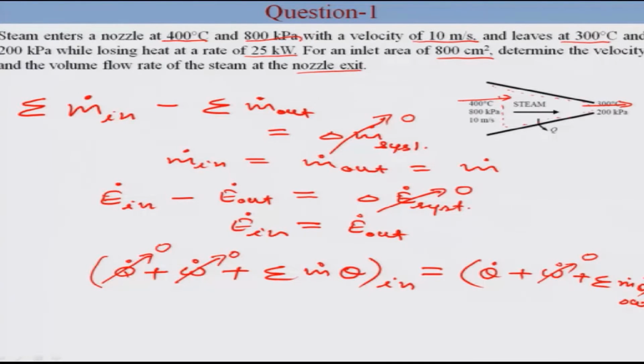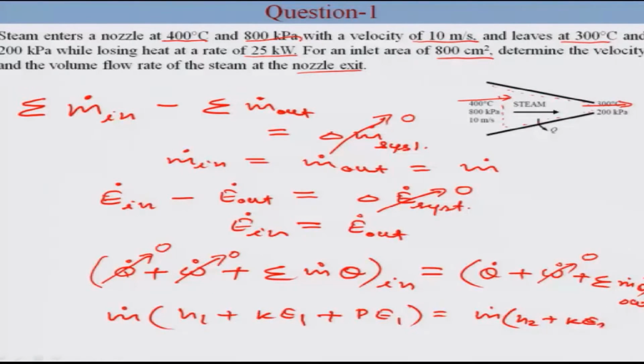So from here we get mass flow rate times flow energy of fluid coming in the system will be equal to mass flow rate times flow energy of fluid coming out of the system plus heat coming out of the system.